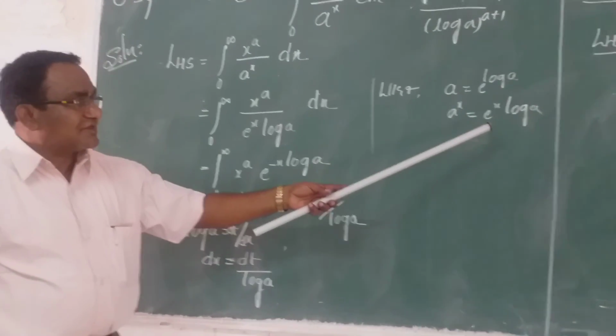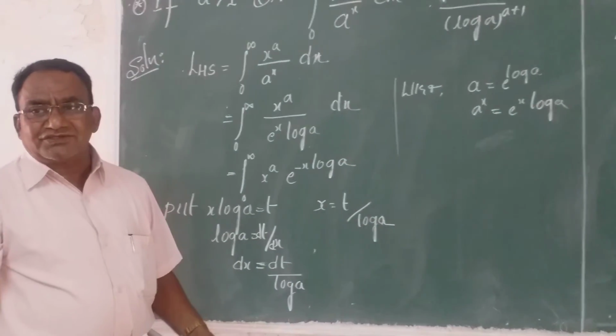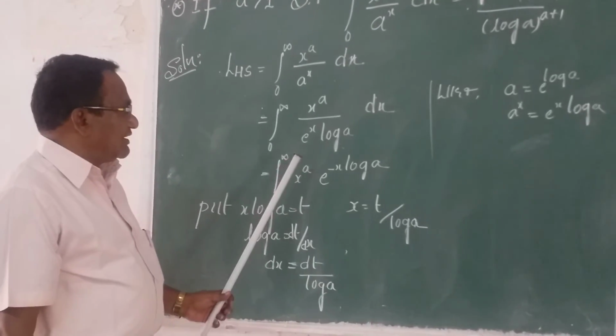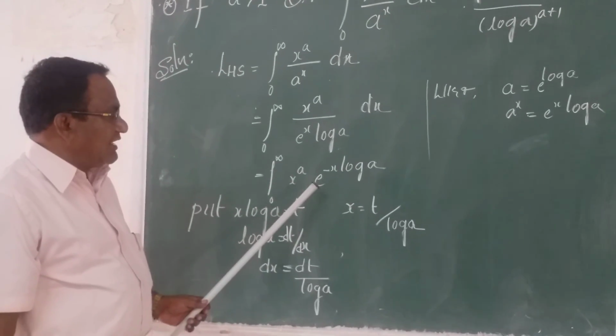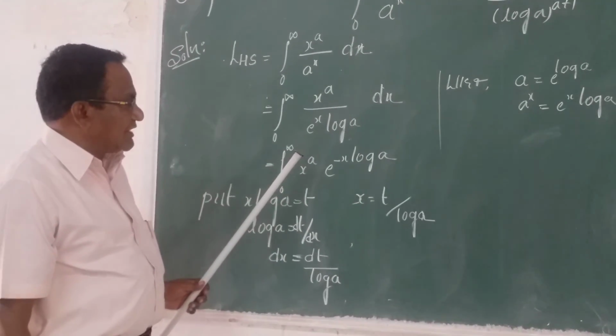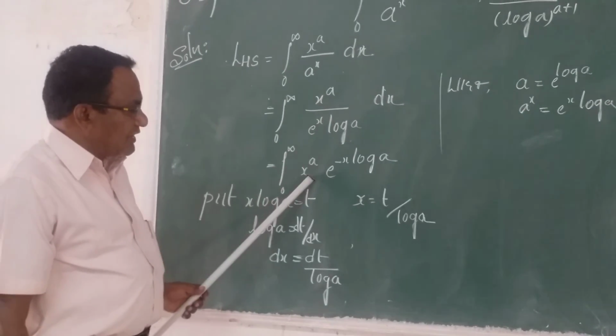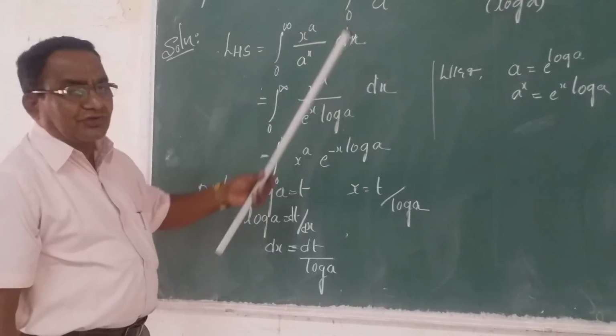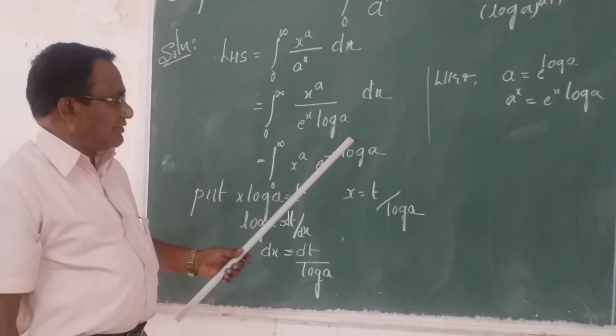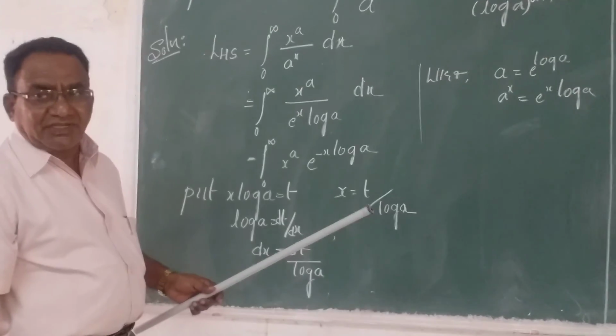Therefore, a to the power x is equal to e to the power x log a. If I take it to the numerator, it is x to the power a into e to the power minus x log a.